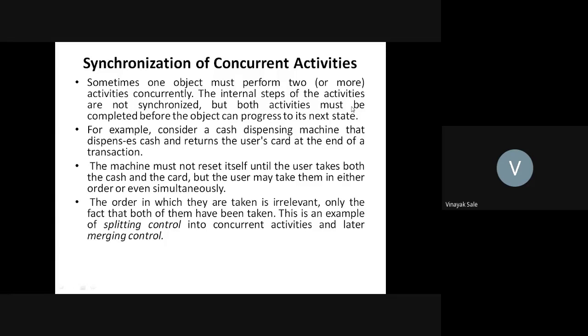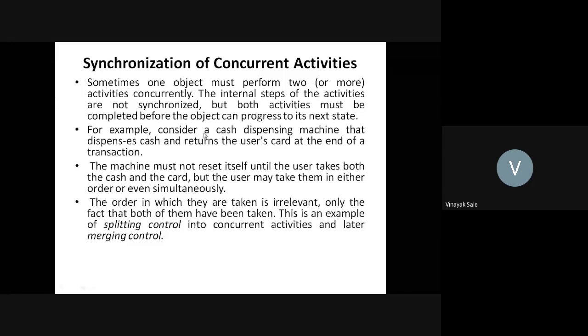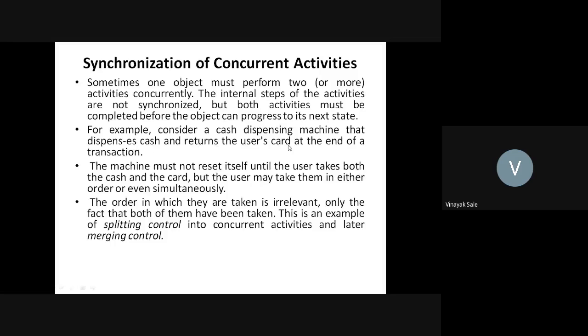For example, consider a cash dispensing machine, an ATM, that dispenses cash and returns the user's card at the end of the transaction. So the machine must not reset itself until the user takes both cash and card, but the user may take them in either order or even simultaneously. The order in which they are taken is irrelevant.